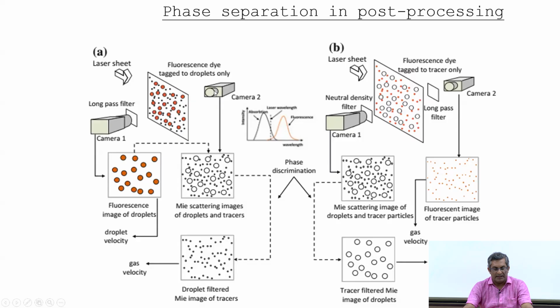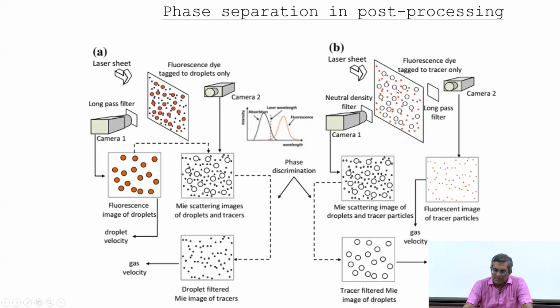On the other hand, in this camera we capture both. However, because we know the position of the particles here, we can subtract them in the post processing part, such that these are all removed, and what you get is the seeding particles. This is how we separate the dispersed particles and the seeding particles.